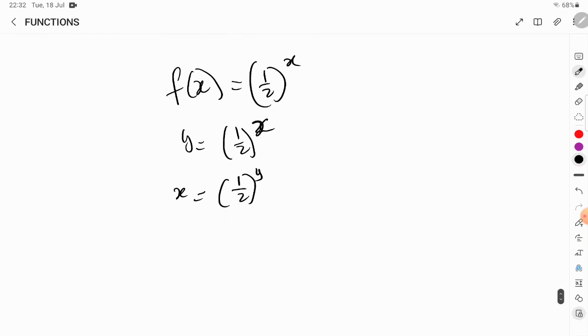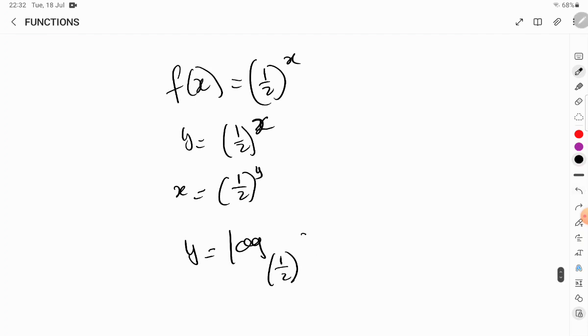You want to find your y from here. So because you want to make y the subject, y is equal to, we use logs again, logarithms. This is going to be log of x, where down here it's your base, which is 1/2. So we could write it just like that. So there we go. So that is y.